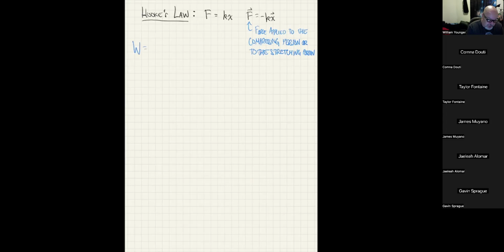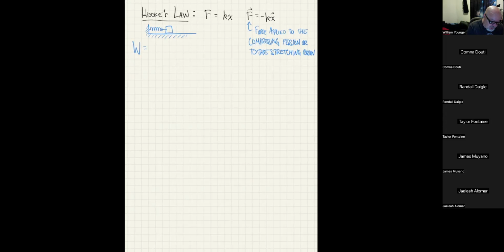by stretching a spring. So what I'm going to do is I'm going to imagine here's a wall and a floor. Here's a spring, a mass on a spring. And right now it's at equilibrium.